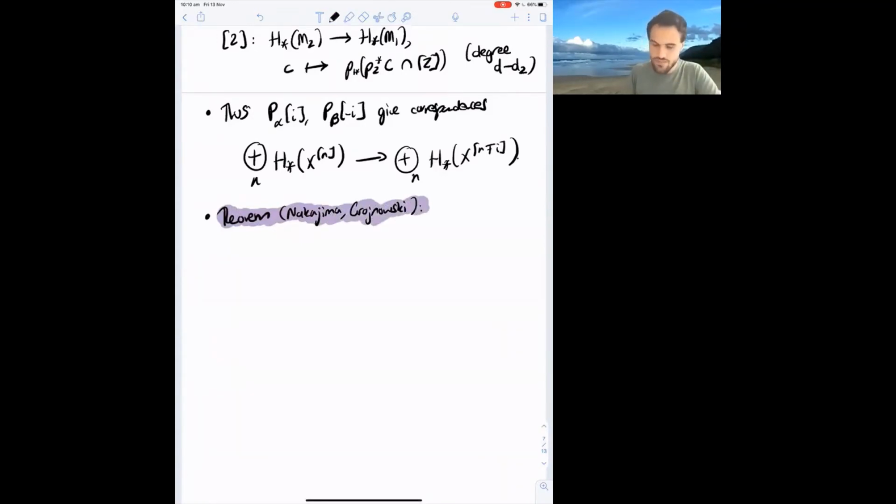So first of all, we have to assume something about the degrees of alpha and beta. Suppose that the degree of alpha times the degree of beta is even.